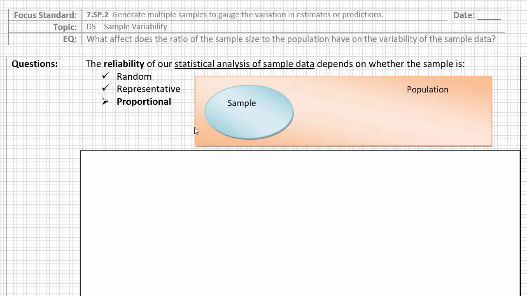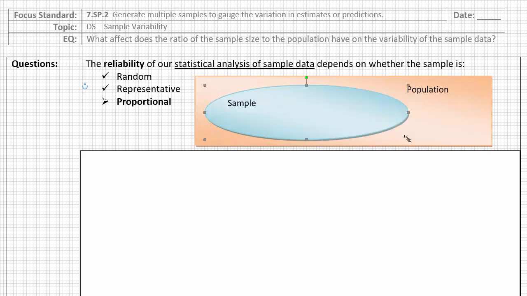So let's think about that for just a minute. If this orange box represents the population data, and this blue circle represents the sample, right now this is a pretty small sample of a large population, so it is a small proportion of the entire population. What do you think the effect is if I were to take a larger sample and do some statistical analysis?